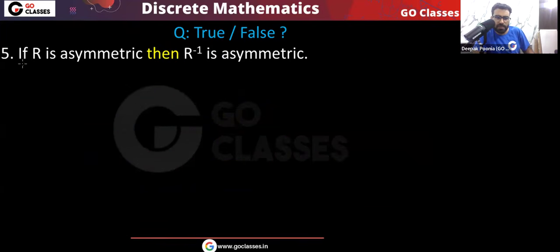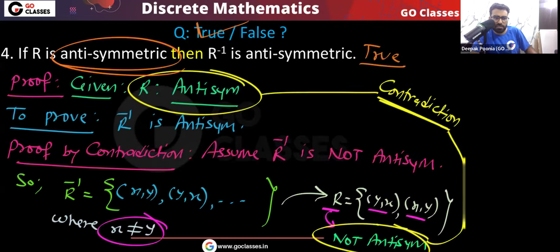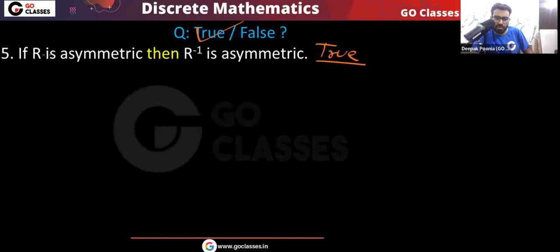Let's see statement 5. If R is asymmetric, then can I say R inverse will be asymmetric? Yes, this statement is also true. We can prove it in a similar way as we did for antisymmetric. So here you can see R is asymmetric.